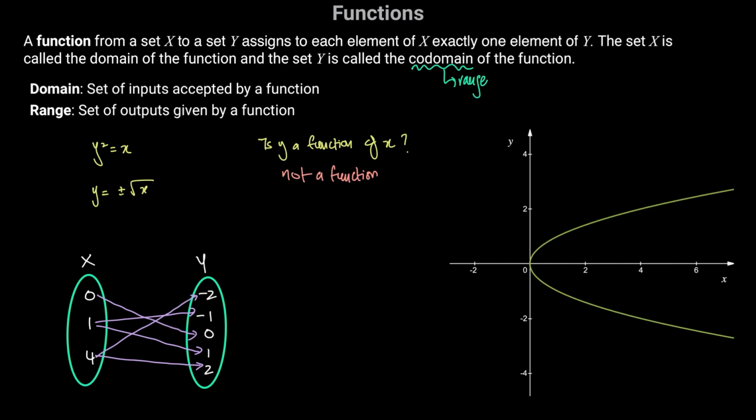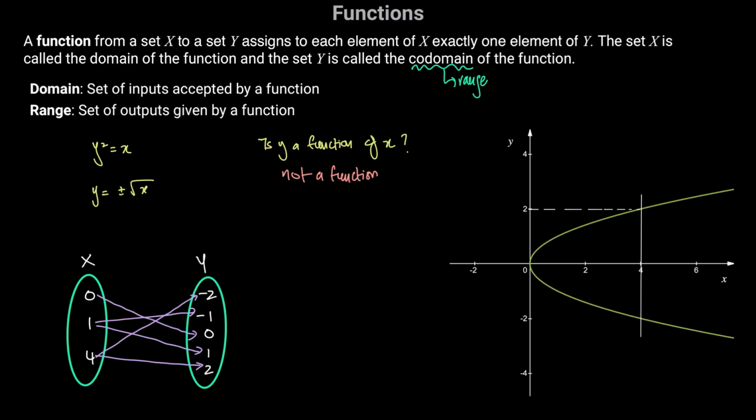And we can verify this graphically by using something known as the vertical line test. Here, if I draw a vertical line at x is equal to 4, that represents the input. If the input x is equal to 4, we clearly see over here that the output y could be positive 2 or it could be negative 2.